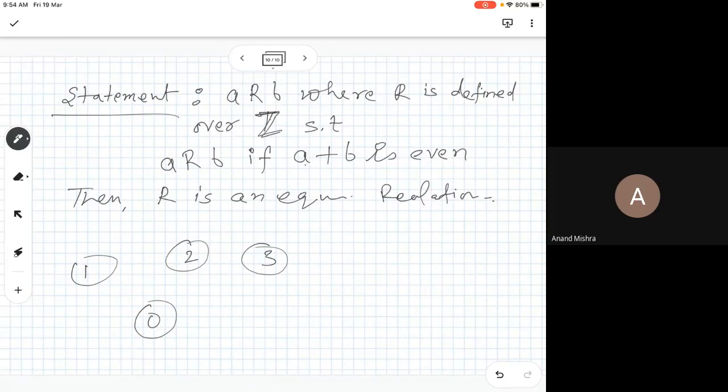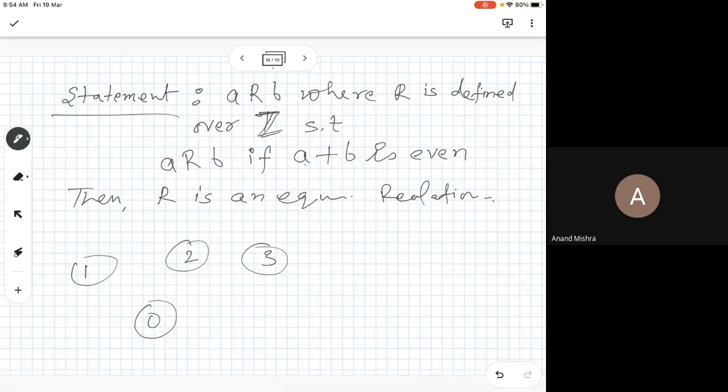For these 4 nodes, let's try to understand what the graph will look like. For the whole problem statement, the graph will have infinitely many nodes because it is defined over G. But for this particular case, we can draw. How do we draw? Will there be a connection between 0 and 1?